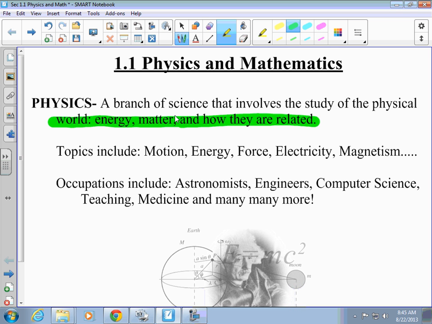There's thousands and thousands of occupations you can get as a physicist. The basic ones are astronomy. You can be an astronomer. Engineer, computer science. Or for example, Carly Crowley's going to school to be an orthopedic specialist.